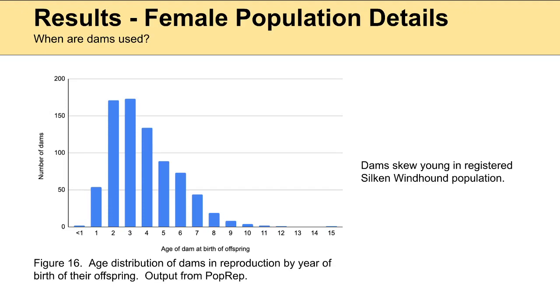We have a lot of dams being used and producing puppies under 1 year of age, at 1 year of age, at 2 years of age. And we as a breed need to be health conscious, and some of these dogs may not be completely mature or health tested when they are producing litters of puppies, and this is a concern.